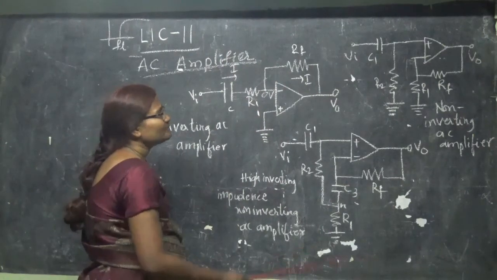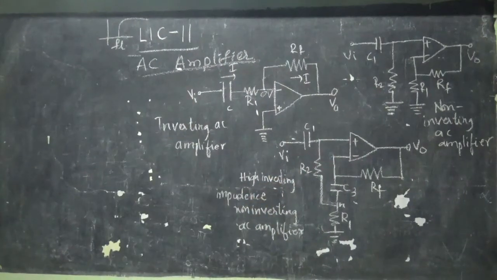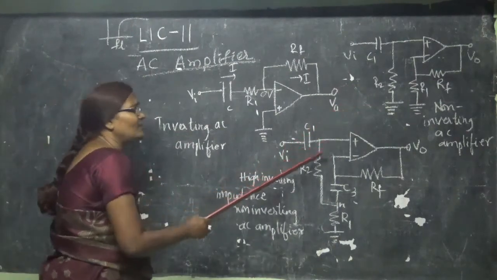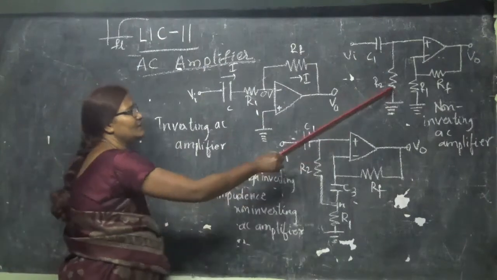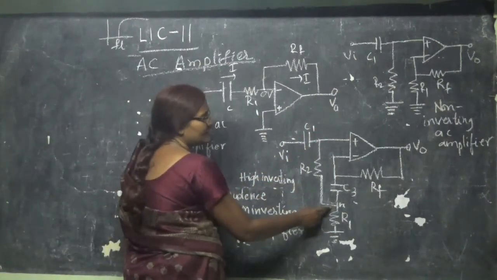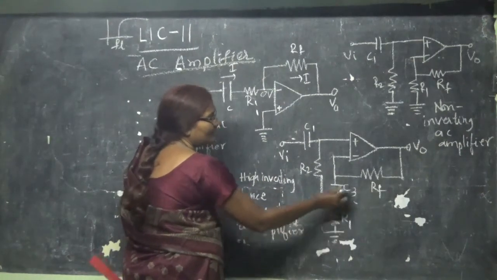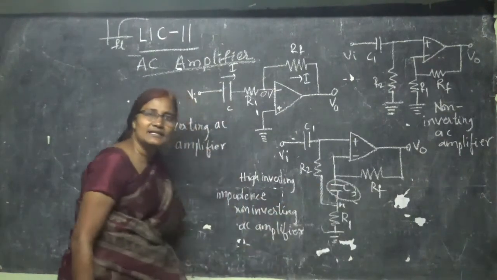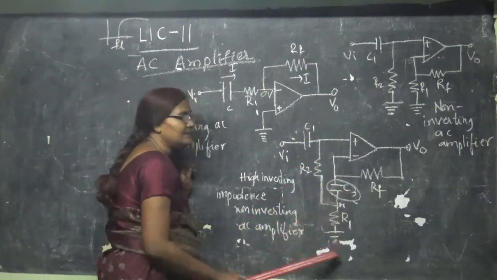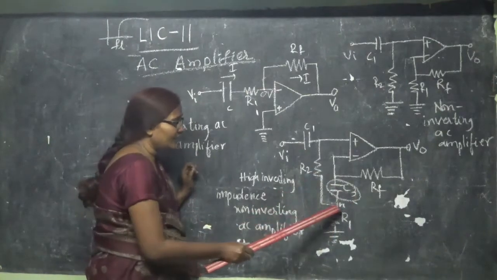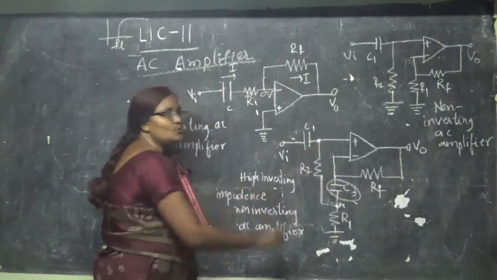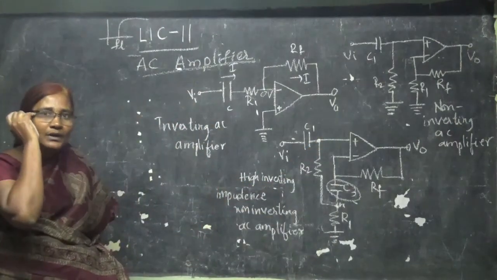So this is the modified version of the non-inverting op amp. Here what we have done is, in the feedback path we have connected a capacitor C3, and we selected all these values in such a way that the potential at this point and the potential at this point are almost the same.